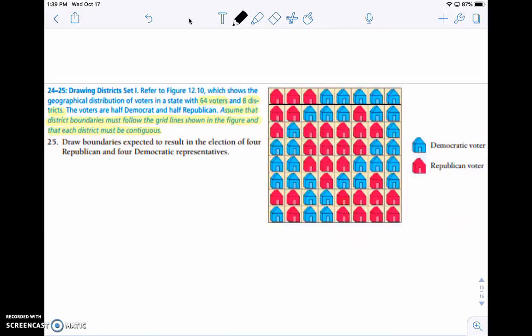So we'd have kind of 1 district, 2 districts, 3, and then 4. So each of these, 1 row is going to be a district because there are 8 voters you can count in there. So if we look at it, 1, 2, 3, 4, 5, 6, 7, 8.